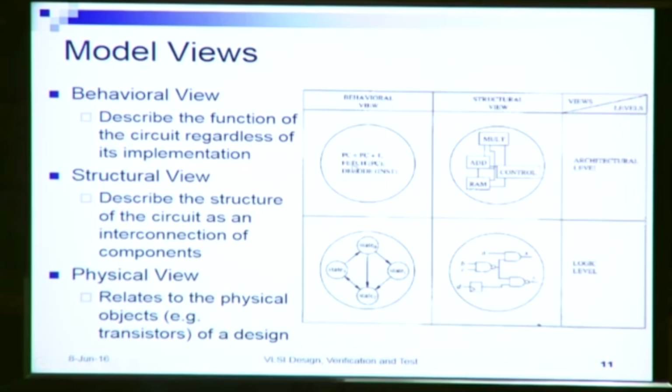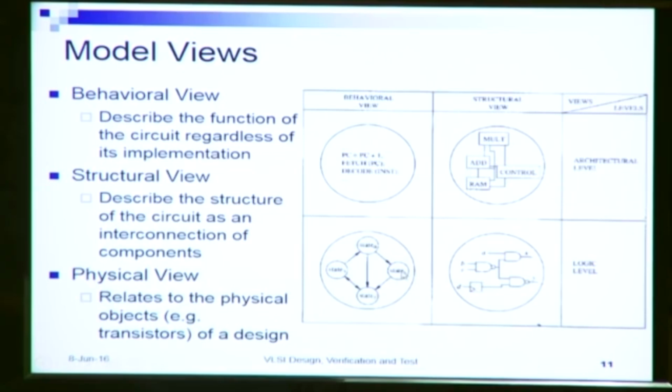That high level program will be synthesized into a corresponding structure which is composed of, say, multipliers, adders, RAMs, control units, and an interconnection among them. This structure will basically realize the function that is shown in this behavioral view.